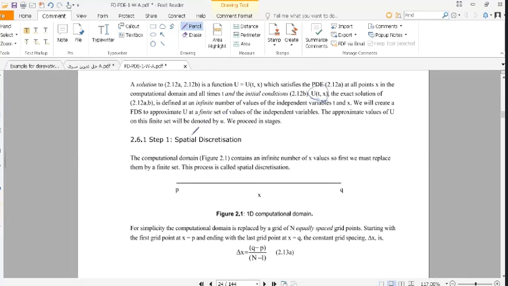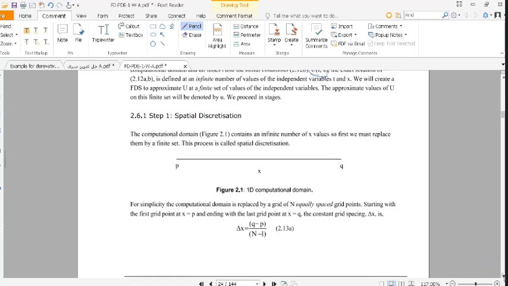In spatial discretization, we should divide the computational domain into finite points and finite subintervals. We should divide the interval P to Q into finite points and finite intervals.